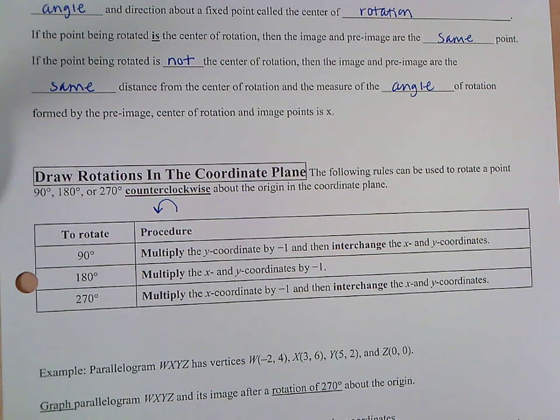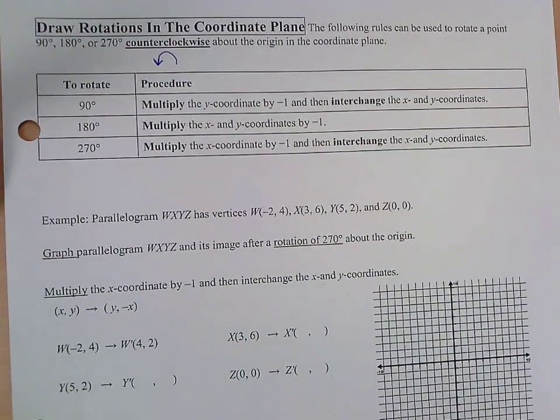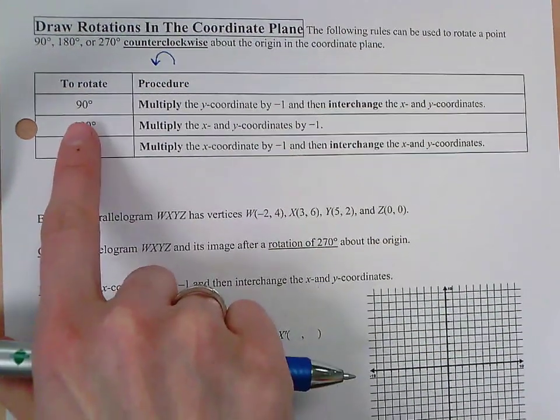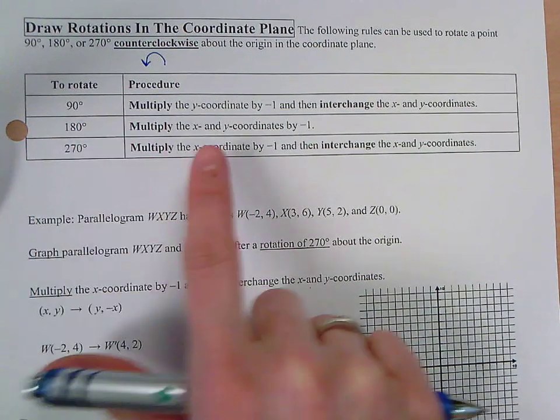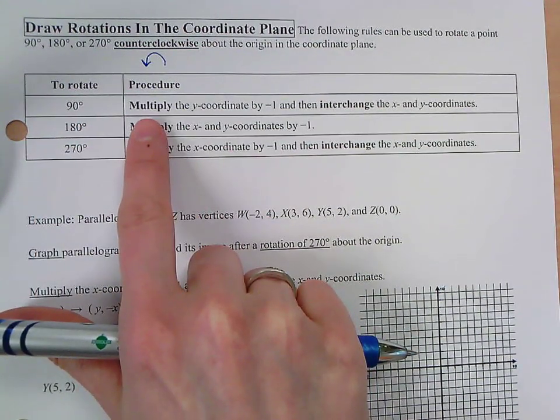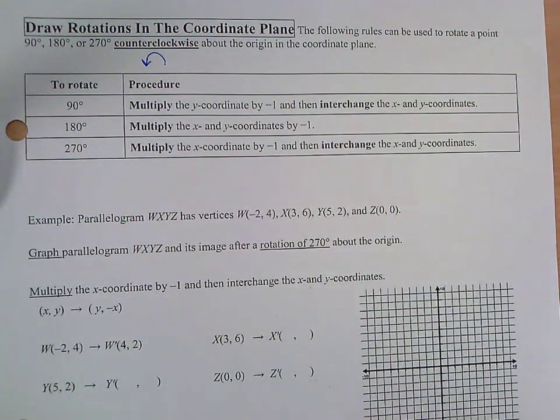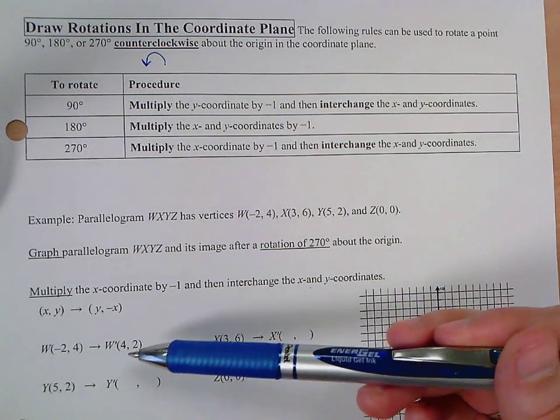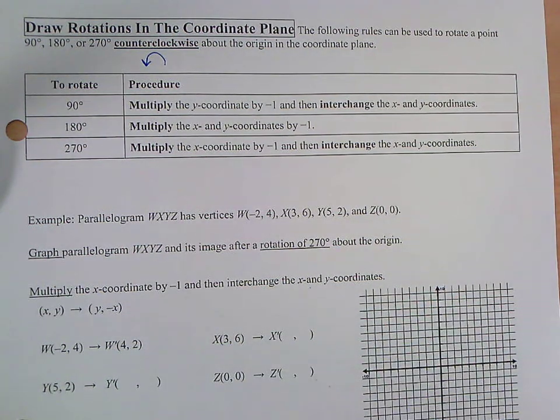But there is a procedure with the ordered pairs that you can use for the rotation based on the angle of rotation. So if you are rotating 90 degrees, how we're going to work through these is we're going to get the points of the image. So if you have triangle ABC, we're going to find A prime, B prime, C prime first, and then plot them using these procedures.